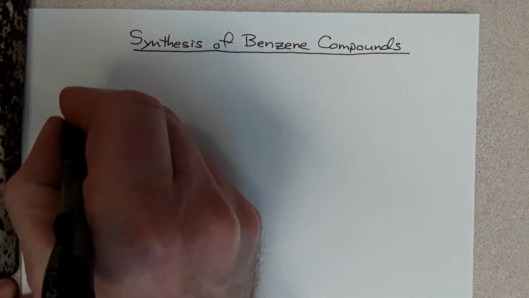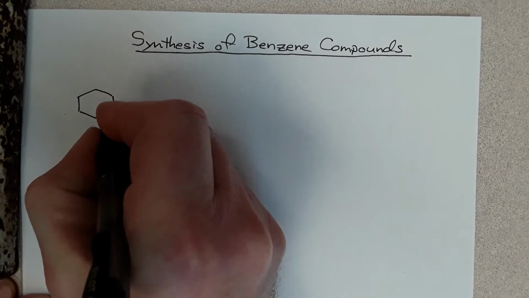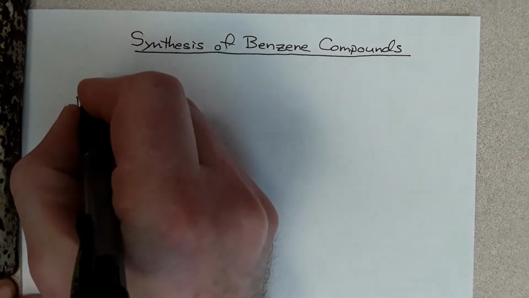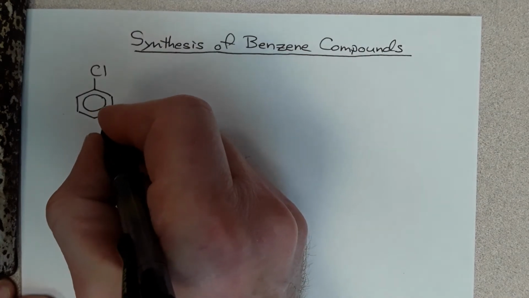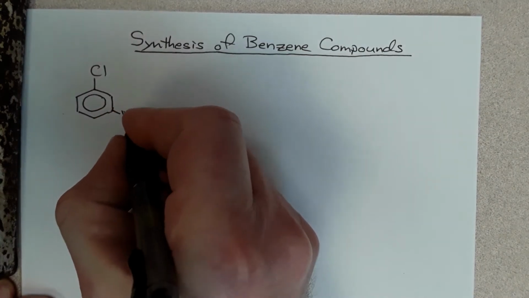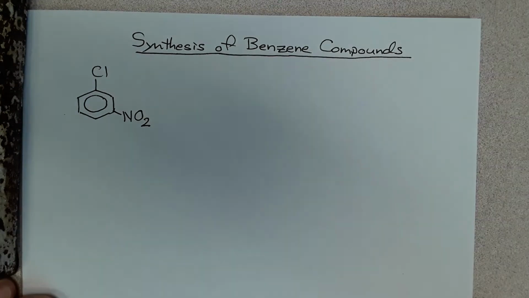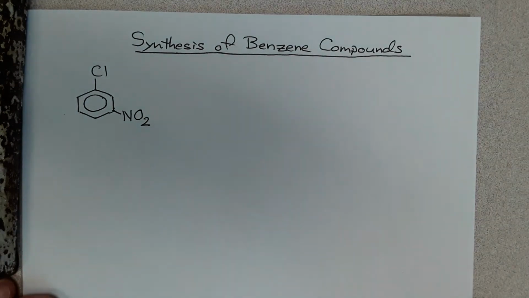So let's start with chloronitrobenzene. And think backwards. How would we make these? How would we add these two groups on?